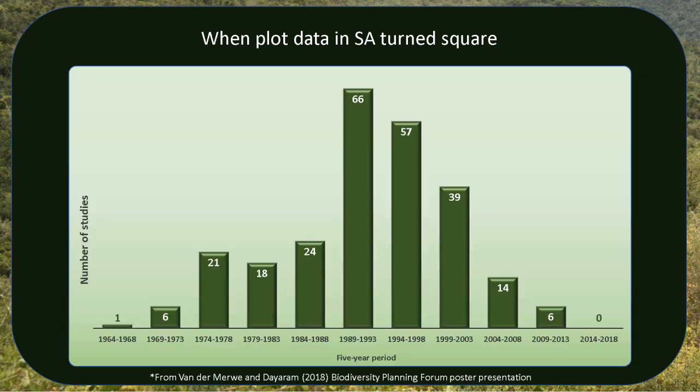So when we plotted that out, what we found is that the number of studies that collected plot data over time went through an increase up until the 1980s and 1990s, where there was this huge boom of plot data collection. And then there's a sharp decline in more recent decades. And that's very interesting because plot data is the foundational information for ecological work.